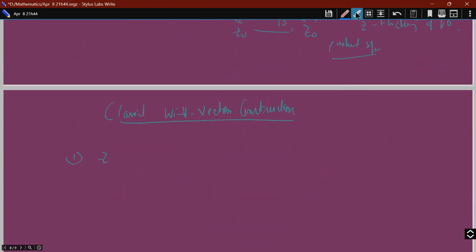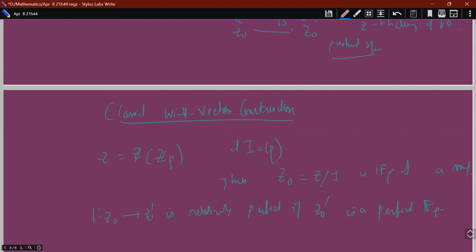For this case, Z would be the integers, and our ideal I, A naught is an F-p-ring, and our map is relatively perfect and is a perfect F-p-ring.